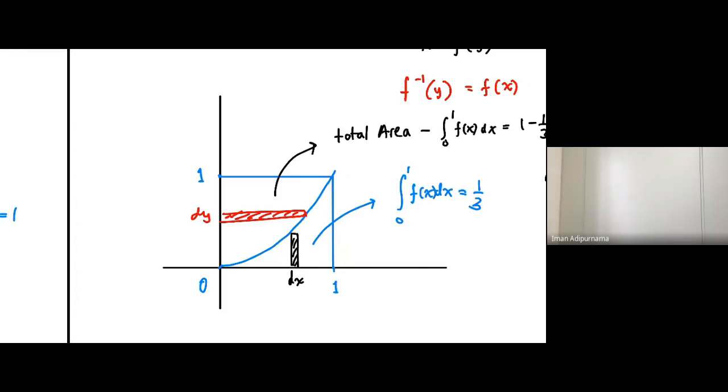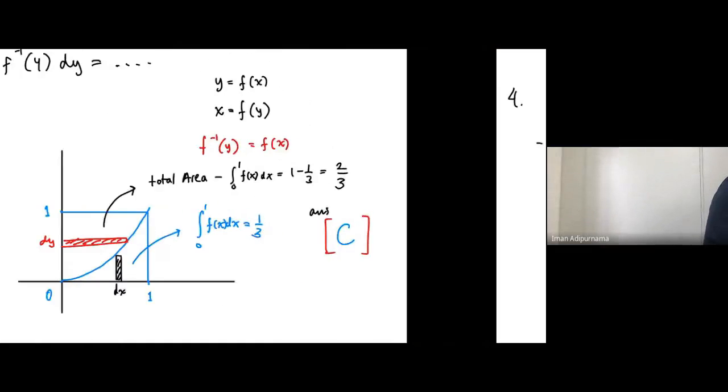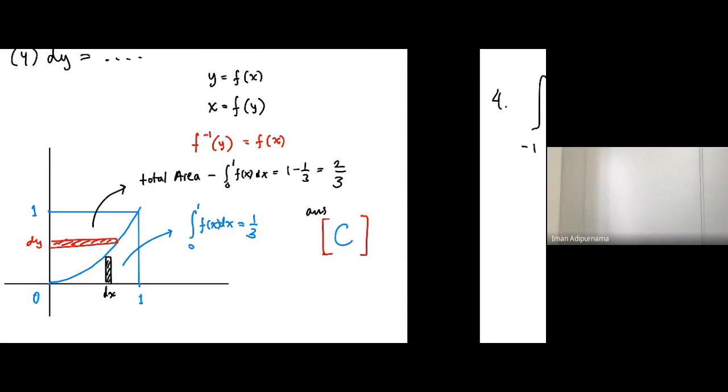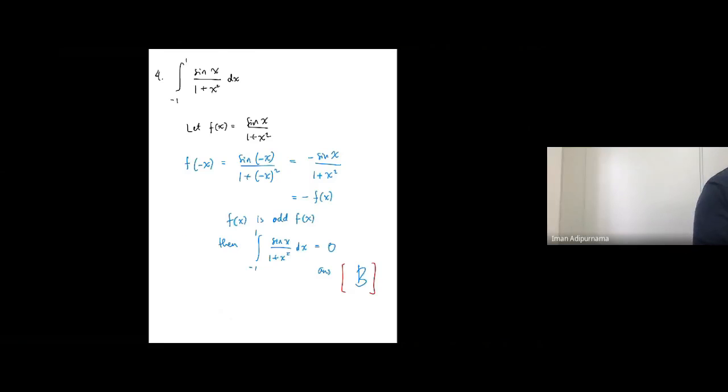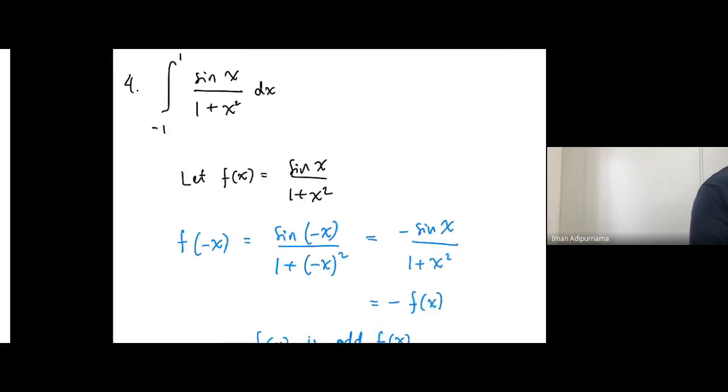So you need to see it like that, and this becomes the dy. So the integral of f inverse y dy is this area, in which you just multiply 1 by 1. The total area is 1 minus 1 over 3, so 2 over 3. So the answer is 2 over 3, just 1 minus 1 over 3. Okay, number 4.